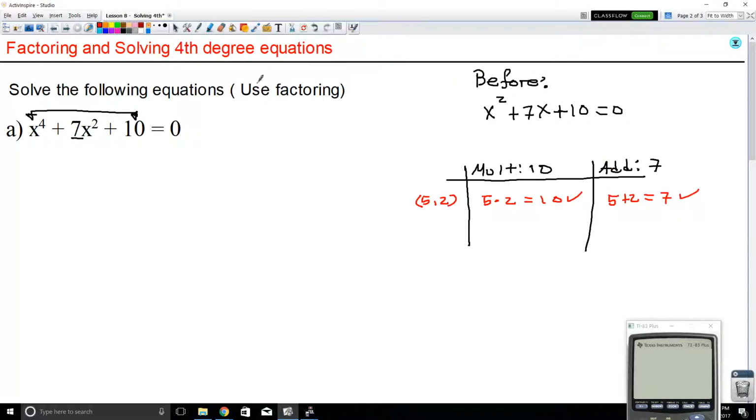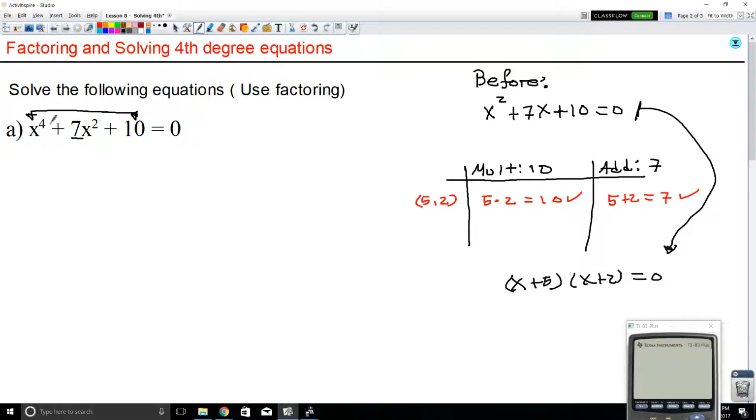So that's perfect. Now, this is where the difference comes in. If it had been written this way, then we can rewrite it as x plus 5, x plus 2 equal to 0, just like it was explained in the previous video. But notice that our problem is a little different. We have x to the fourth and x to the second.